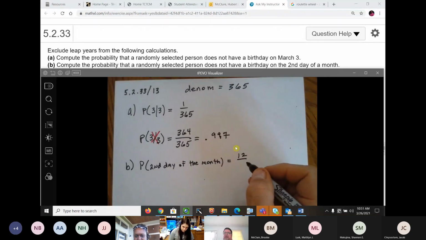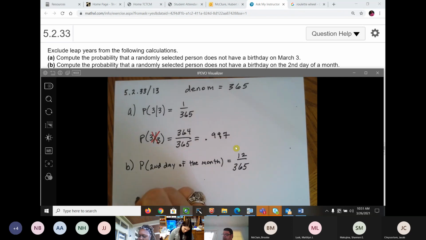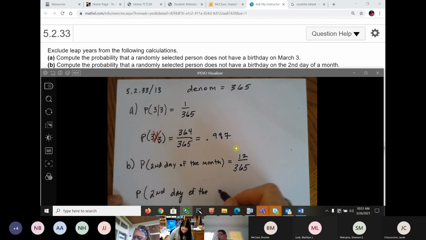Y'all know the problem with this problem? It's so easy that you question the answer because it's so easy. 365. So what is the complement of being born on the second day of the month?